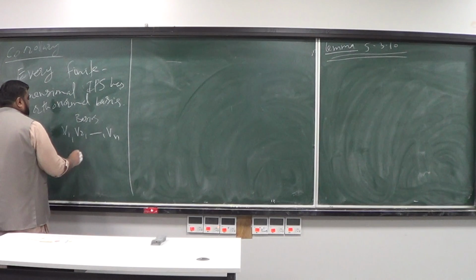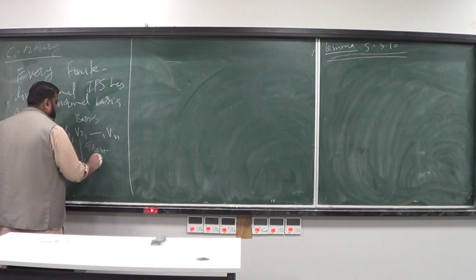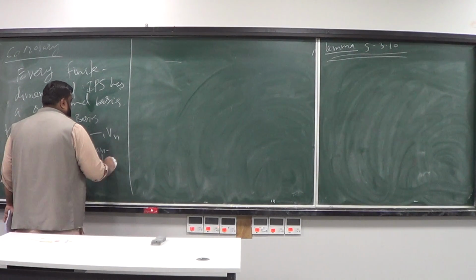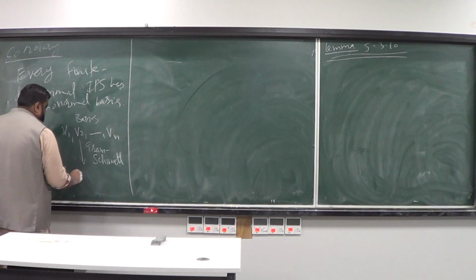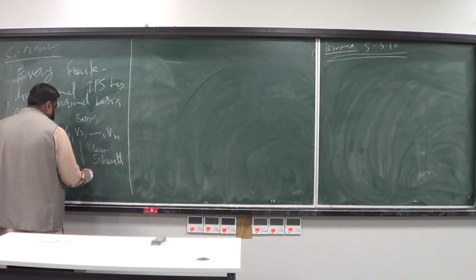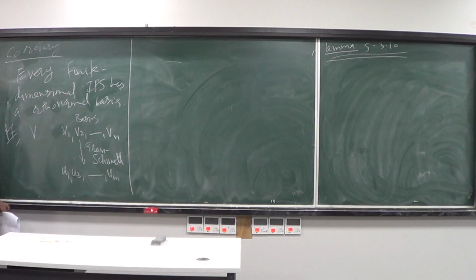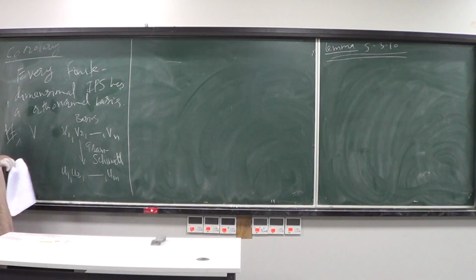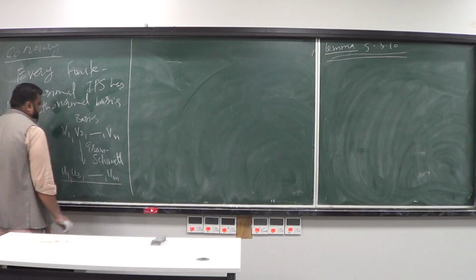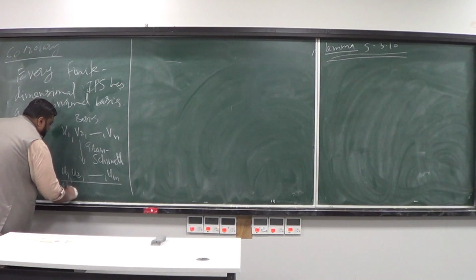And then I know that using the Gram-Schmidt process, I can turn these vectors into an orthonormal system. Now this orthonormal system is also going to be a basis for the inner product space, and hence this basis is what you call the orthonormal basis.